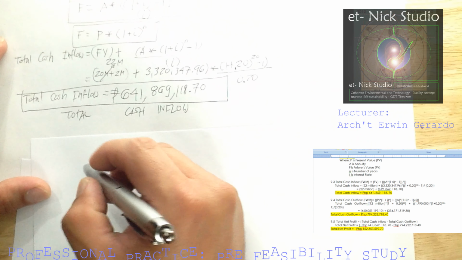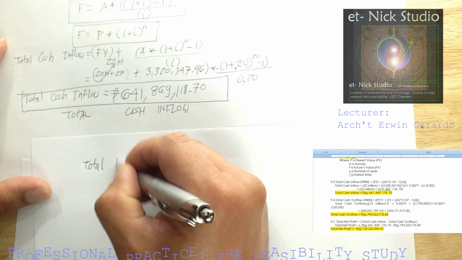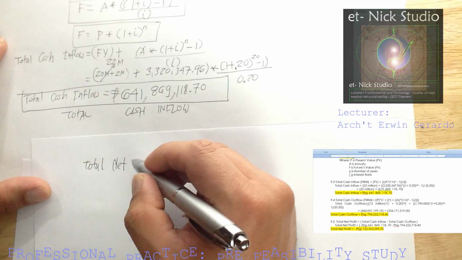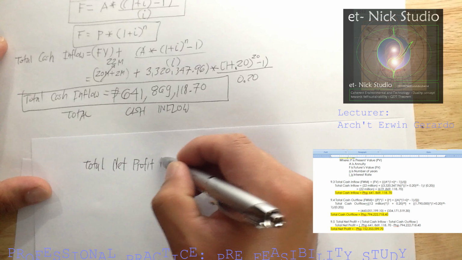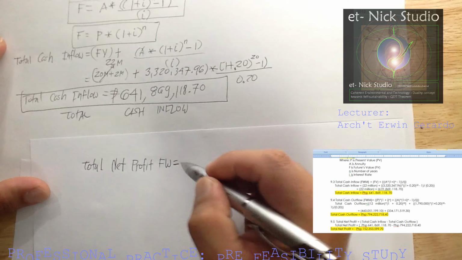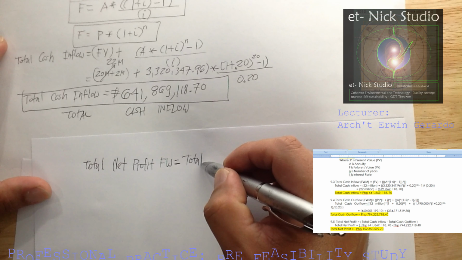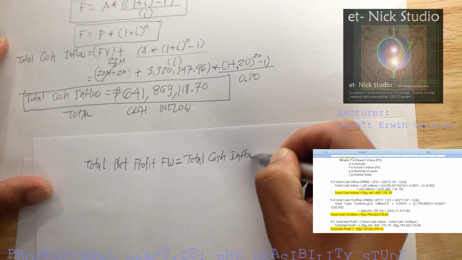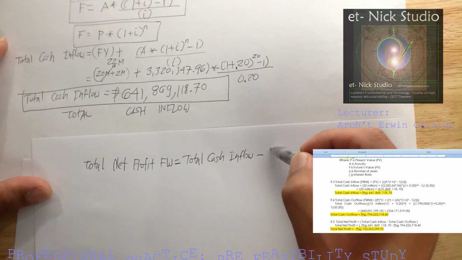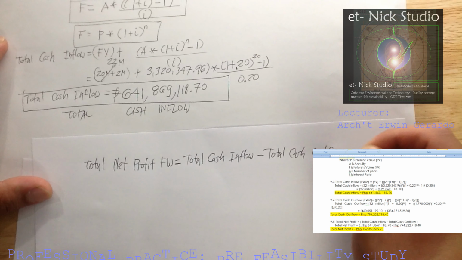So let us consider here how much is the total net profit using the future worth method. Therefore, we have total cash inflow, and we need to subtract the total cash outflow.